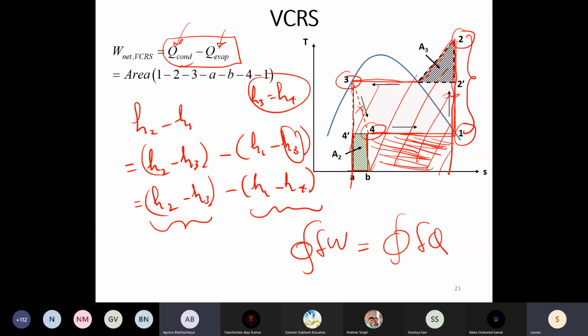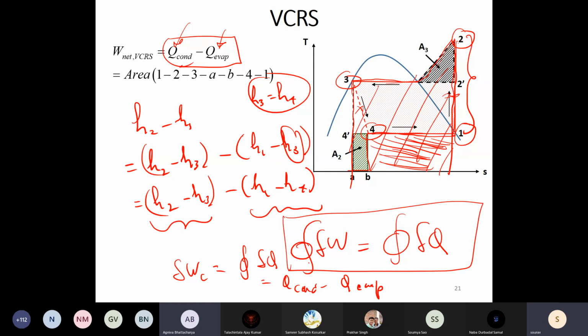So this cyclical integral del W just becomes the del W of the compressor, and this cyclical integral del Q still remains, which is nothing but Q condenser minus Q evaporator. So nothing is violating the first law statement. The statement was for a thermodynamic cycle: the cyclic integral of del W and the cyclic integral of del Q are equal.